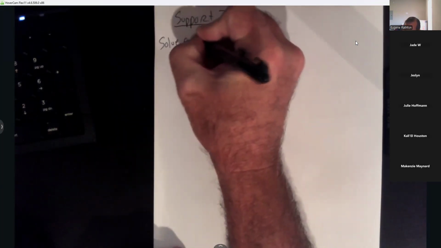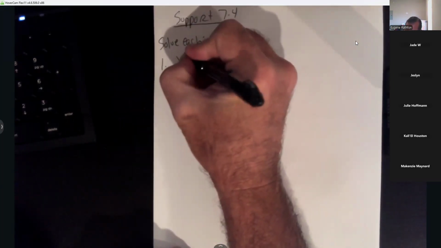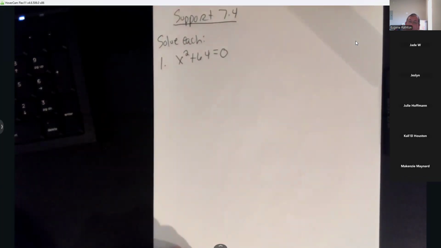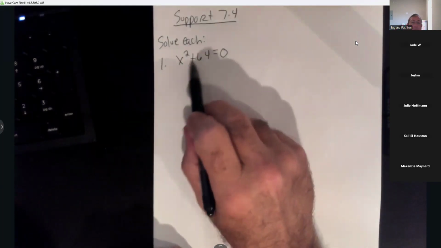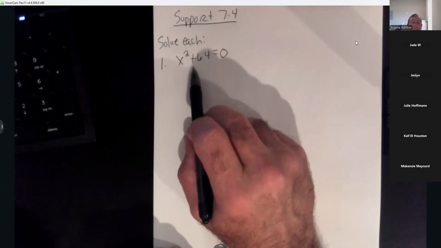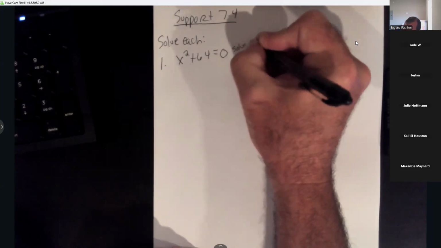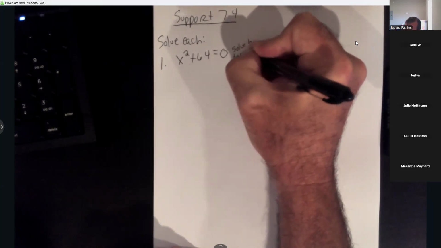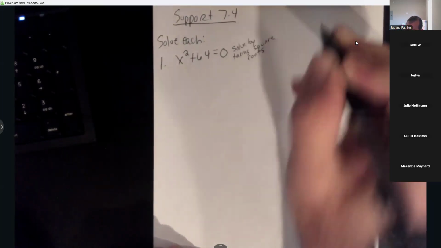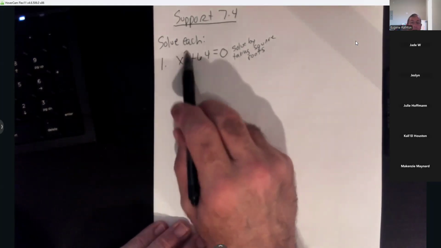So we're going to solve each. So number 1, I got x squared plus 64 equals 0. So this one doesn't have the x term in the middle. It's got an x squared and a number. So this one, I'm going to solve by square roots. So when you solve them by taking the square roots, you try to get the x squared by itself.